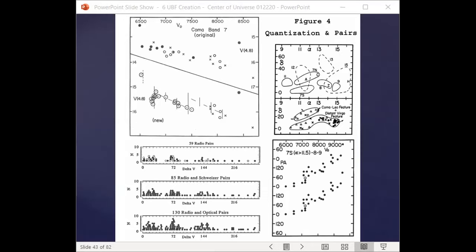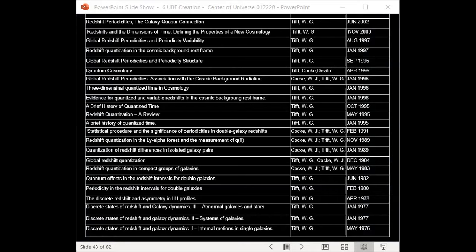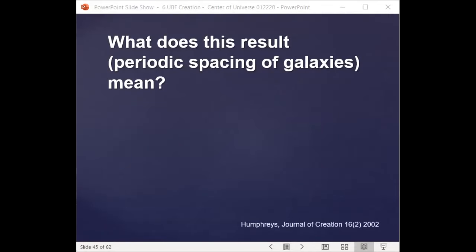That's really odd, and it has a very strong implication that I'm going to get to. Tifft noticed a different pattern of clustering with a different interval as well, and further observations and publications continue to support this phenomenon. And what does this result mean?